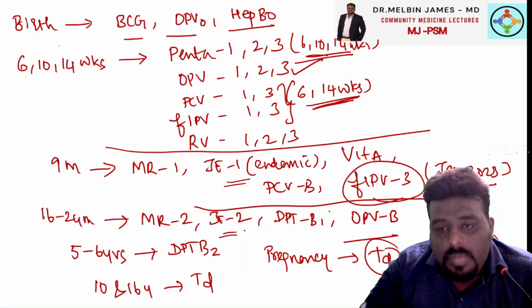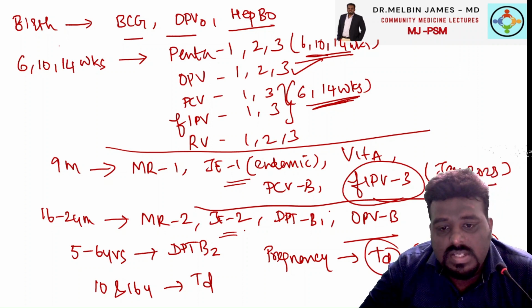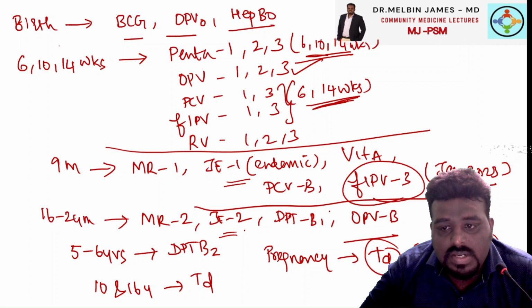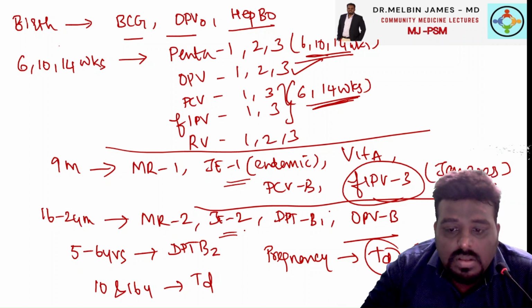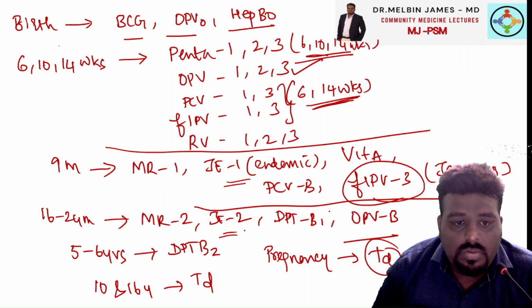If the next pregnancy is within 3 years, you need just a single booster dose. But if you are planning the next pregnancy after 3 years, you need the complete 2 doses. Can we proceed to the next?